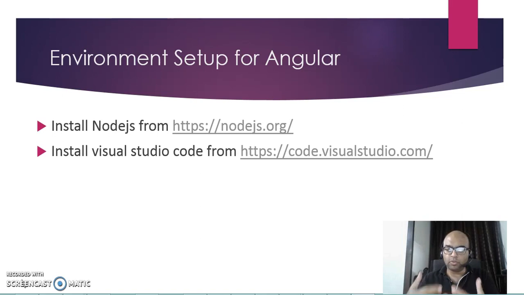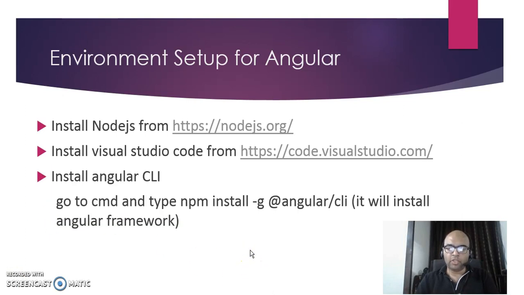Both are open source, both are free. I mean, you can download it, you can use it. The next point in environment setup is our Angular CLI, right? We need to install Angular CLI. So let's see this last part of environment setup, and then we jump onto the project setup, right? So let's see how we can install the Angular CLI.